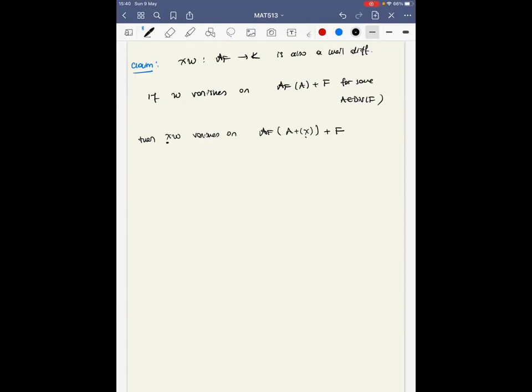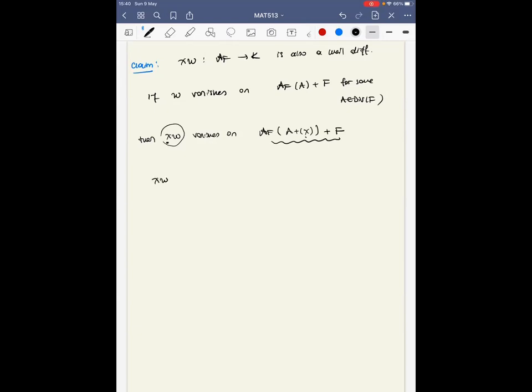Indeed, what we want to see is that if we take any element from this sum, its image is going to be 0 under this K-linear form.